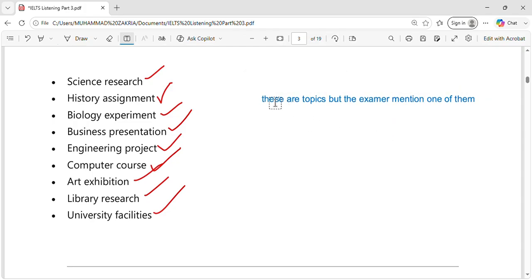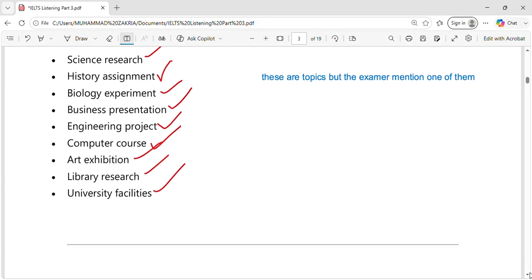It's clear here that the examiner mentions just one of them. It means they mention one topic. It depends on luck. It may come from science and research, or historical group discussion. But these are the topics.